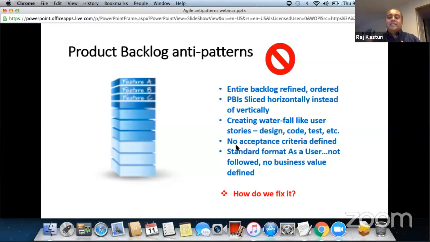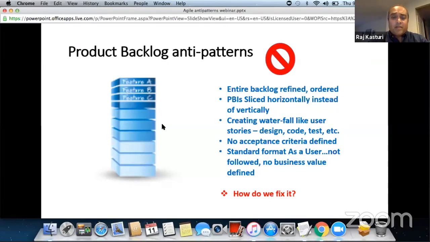Whatever it is, it's kind of standard so that people don't get too much into process, but as long as you have a format that you follow and that's meaningful to the team, use that. For everything, you need to have the business value defined. Any product backlog item needs to have that value, order, and priority, to ensure that that's defined.